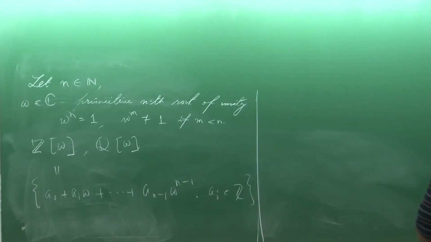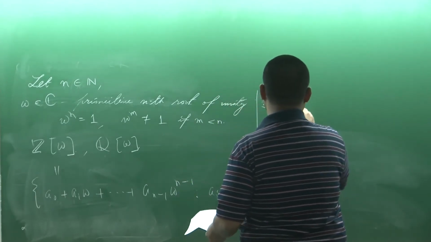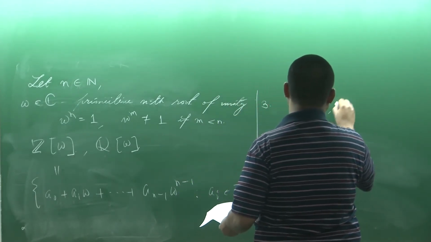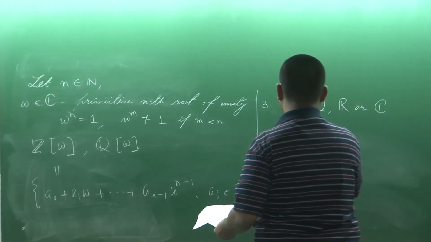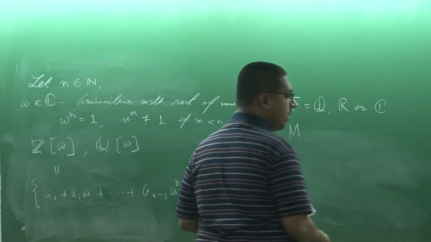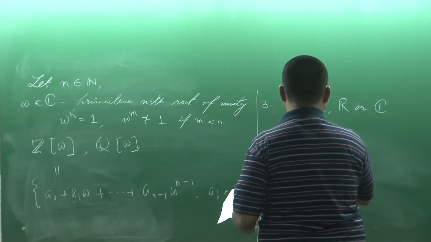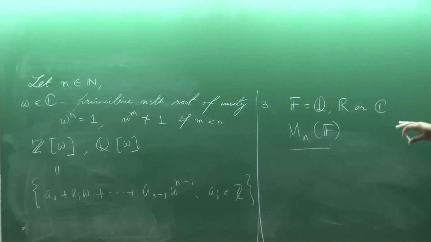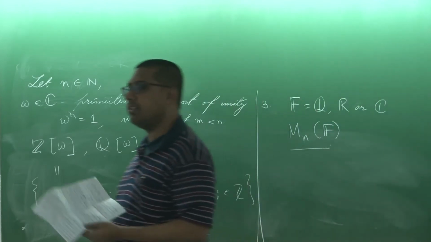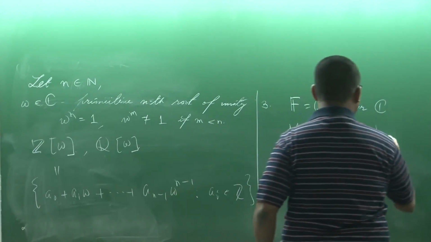So, the next class of rings that we are going to consider are the matrix rings. So, we may take F to be Q, R or C, then for a natural number n we consider M_n(F), okay. It is easy to see that this forms a ring with respect to the usual addition of matrices and multiplication of matrices, for every n.